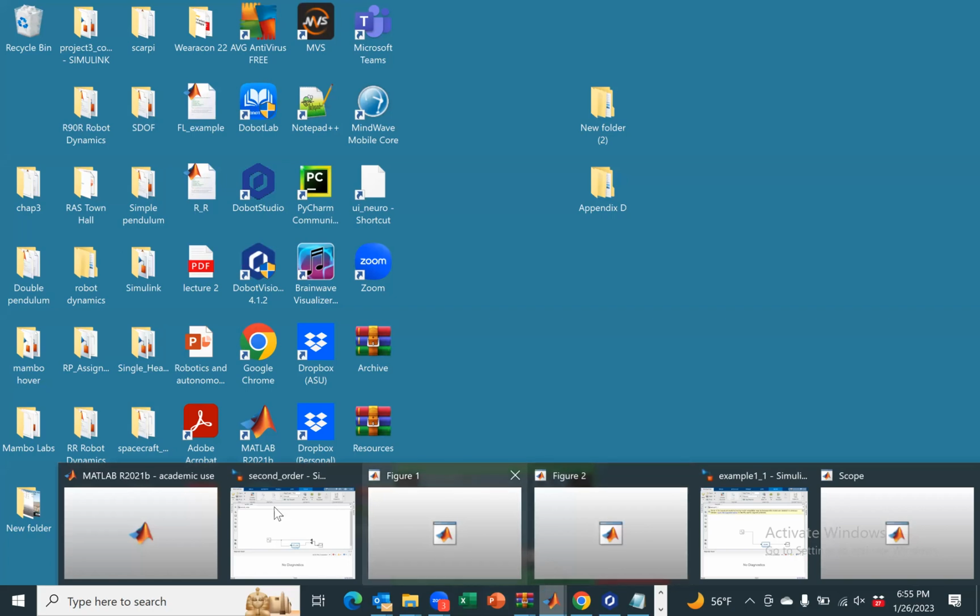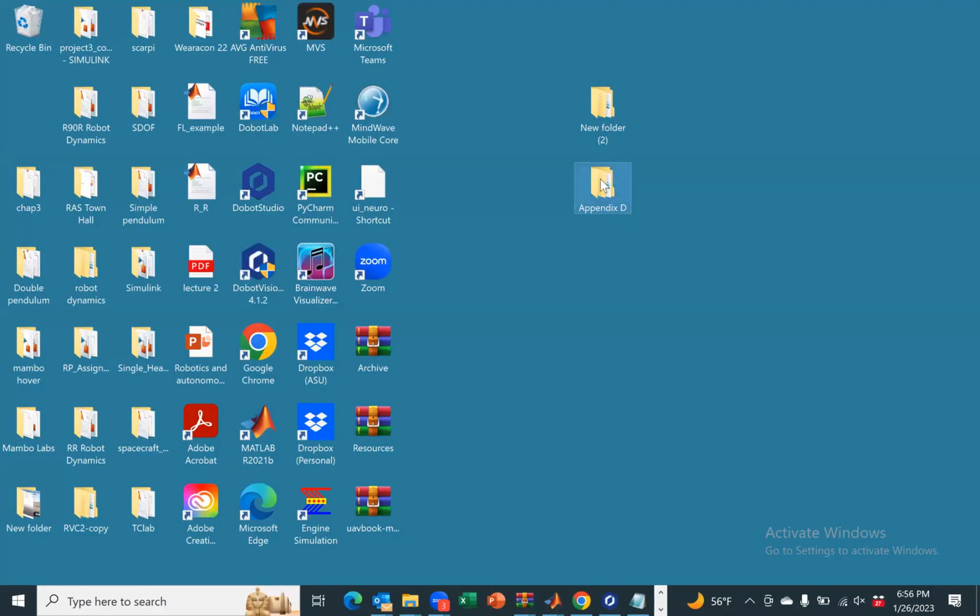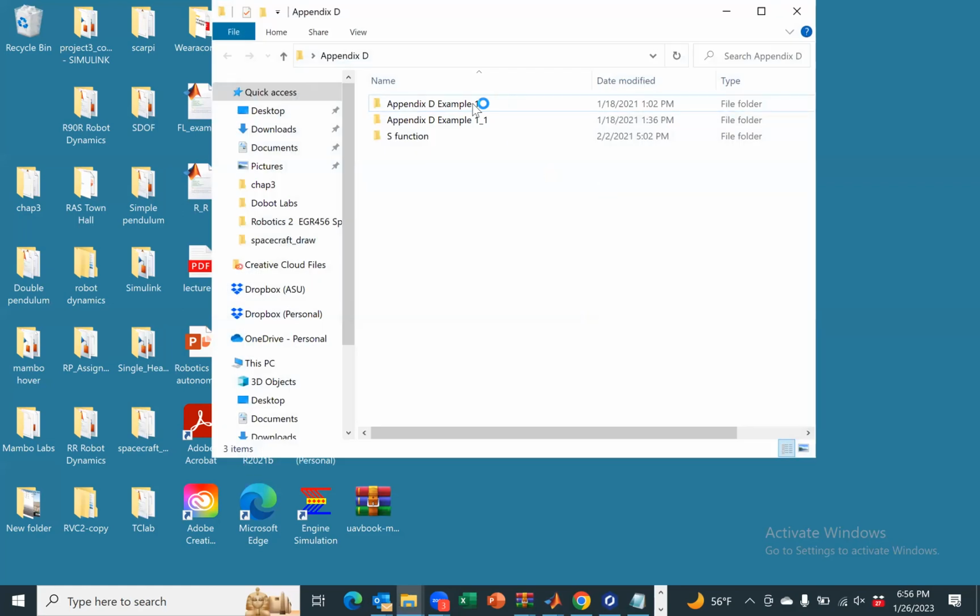What I want to do first and foremost, and this is not a spectator sport, is please open MATLAB and open Appendix D, folder number 1, and open this S function. Go to example 1, and in this example you will notice there is the second order Simulink model and second order .m.